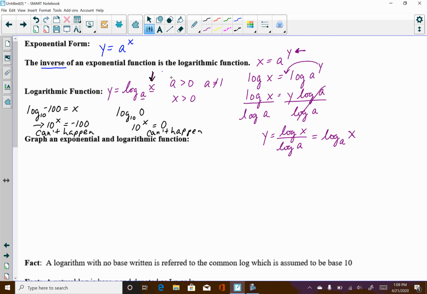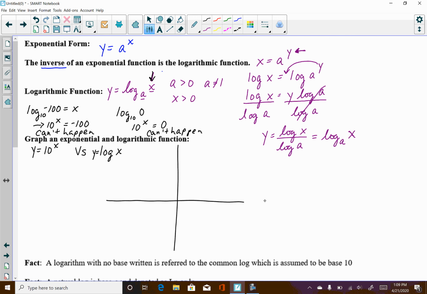So, all right. Just below that, I have us graphing an exponential and a logarithmic function. What I want us to graph is y equals 10 to the x versus its logarithmic function, y equals log of x. So if we do that, draw a little coordinate plane.